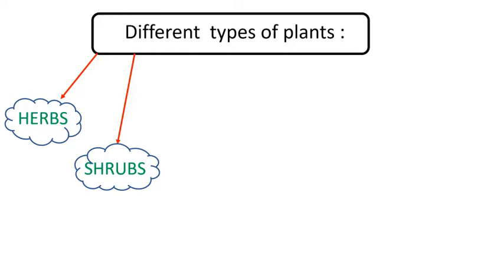Shrubs are bushy plants and they are neither too big nor too small, and they have thin woody stem. For example, rose plant, hibiscus plant and jasmine plant, etc.